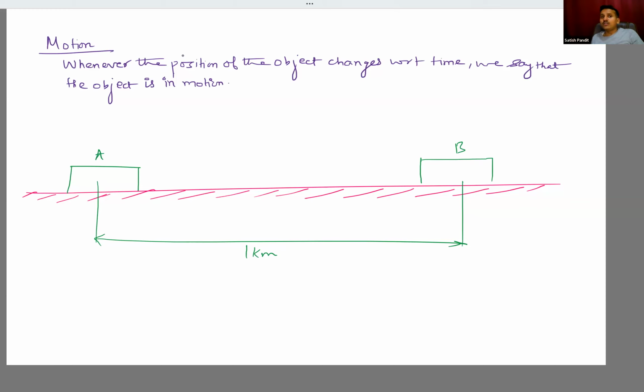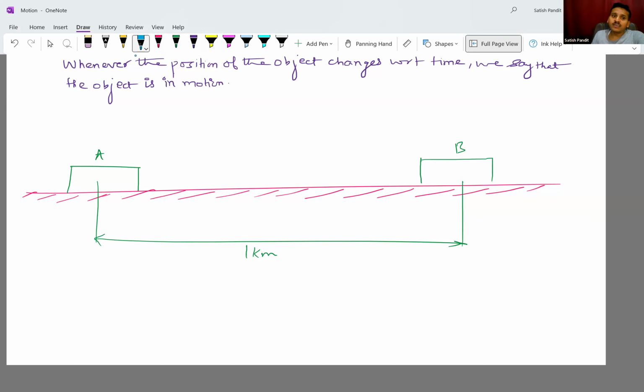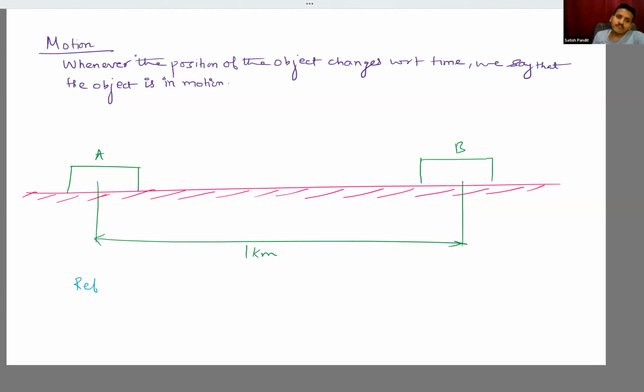Now, whenever we are defining any motion, whenever any object is moving, we need something called a reference point. What is a reference point? See, a reference point basically helps us to locate any object. Suppose I want to visit my friend's home. Only if I have a reference point, I will be able to go to my friend's home.